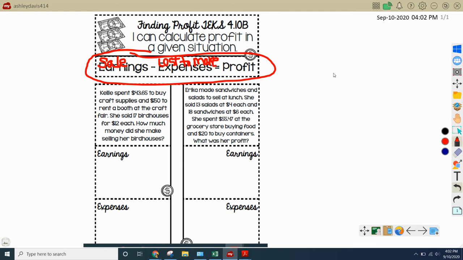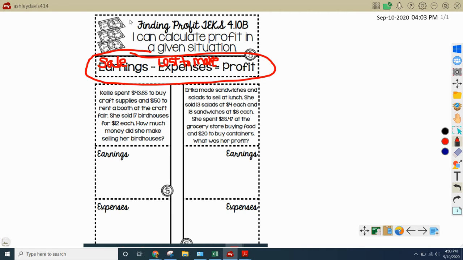Just like the video that you should have watched about the lemonade stand, you may spend $10 on products to sell at the lemonade stand, like your water and your lemons and your cups. Then you set a sell price for your lemonade and you sell it and make some money, and you take away your expenses, the cost to make it. What's left is your profit.